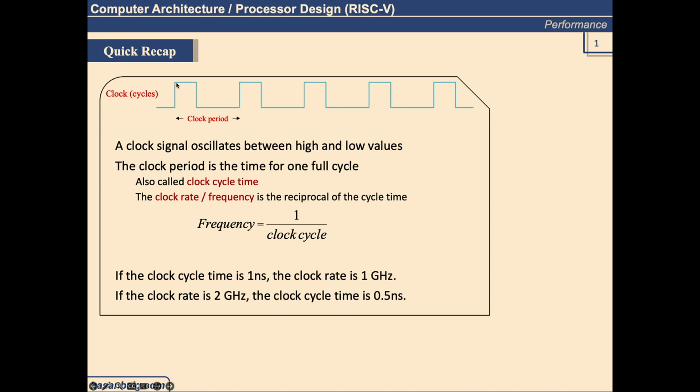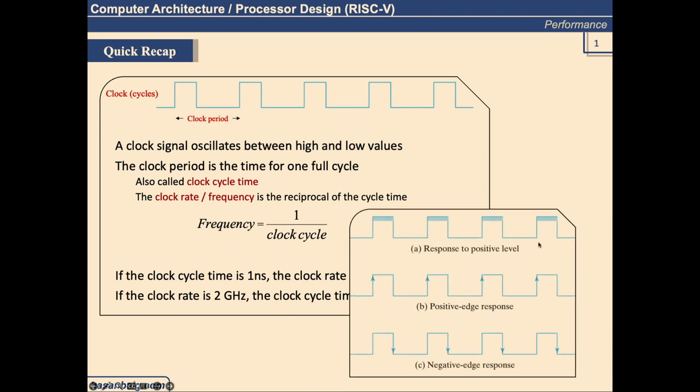Cycle time means the duration between this positive edge of the clock and this positive edge of the clock. If it is, let's say, 1 nanosecond, then the frequency or the clock rate would be 1 gigahertz. And as I mentioned, we will be discussing only the edge triggered devices.